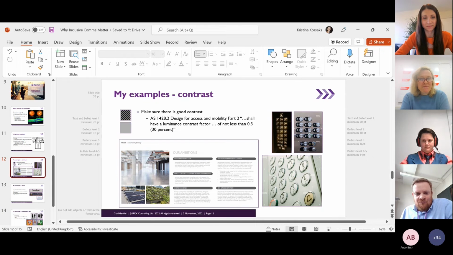And then the picture on the right is quite an interesting one, because this is quite new, within the last few years, and that's lifts. The top two pictures are how lifts always used to have their buttons, and they're really easy to read. The bottom picture is what is more common these days and being introduced, and I genuinely am not quite sure how this ever managed to get past disability groups, because I can't read those very often, particularly in a lot of lifts where there's dim lighting.